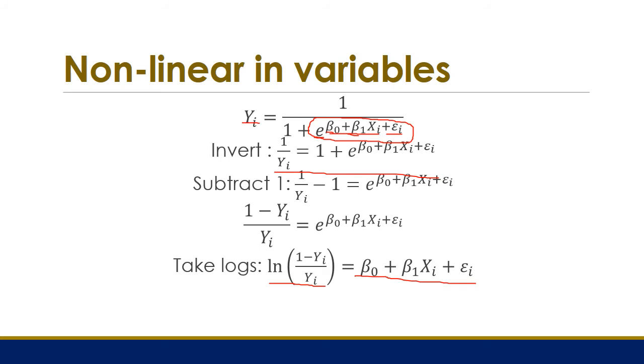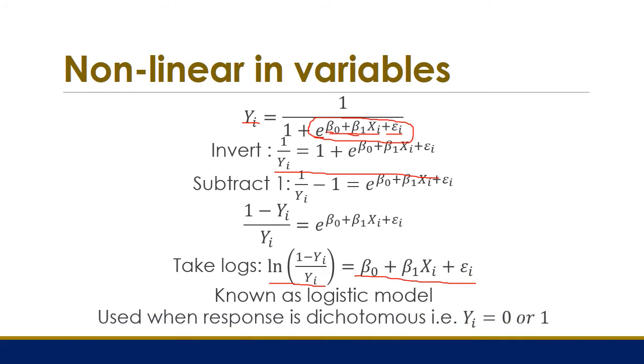It is known as a logistic regression model. It is used when the response variable is dichotomous, that means that the response variable can only take a value of 0 or 1.